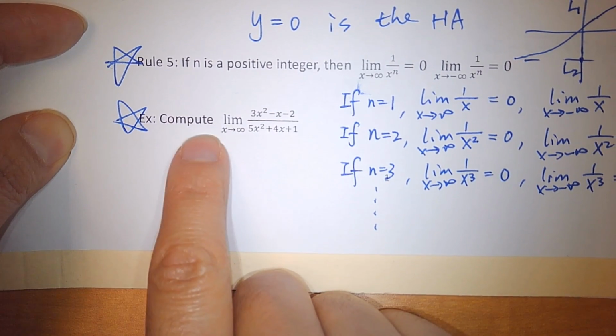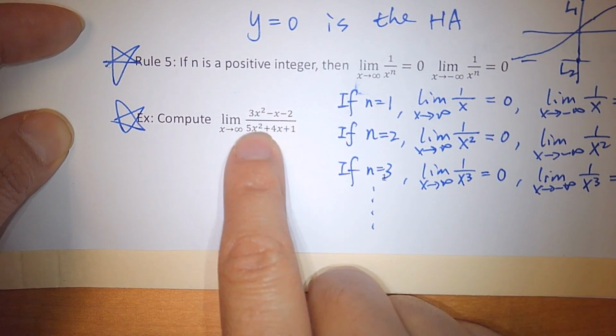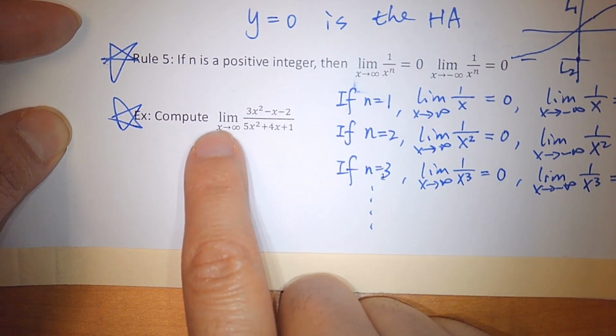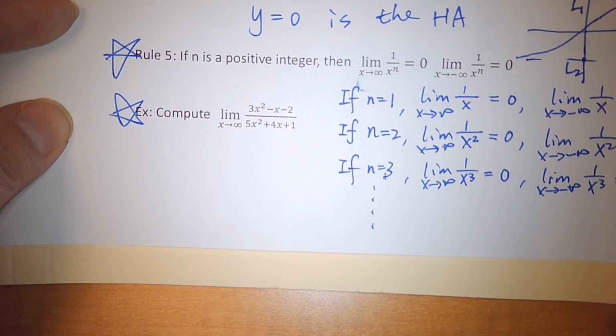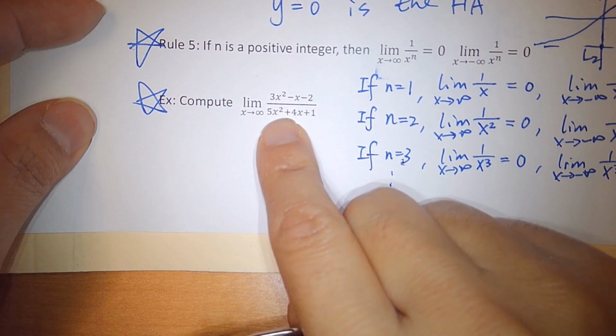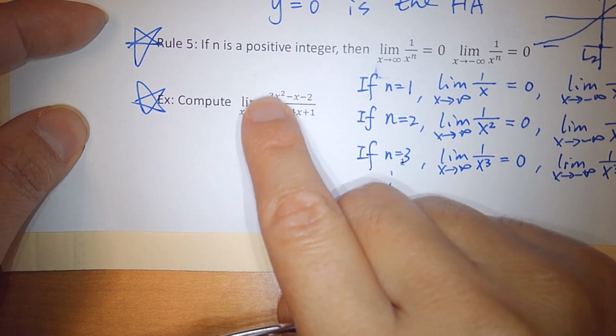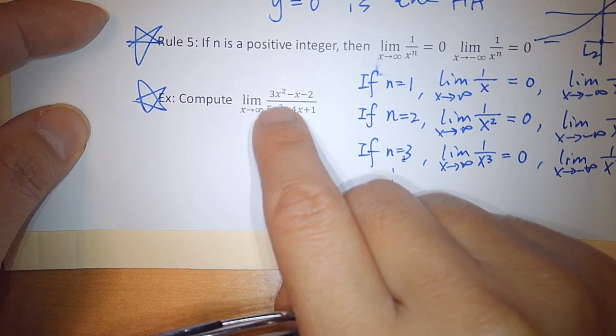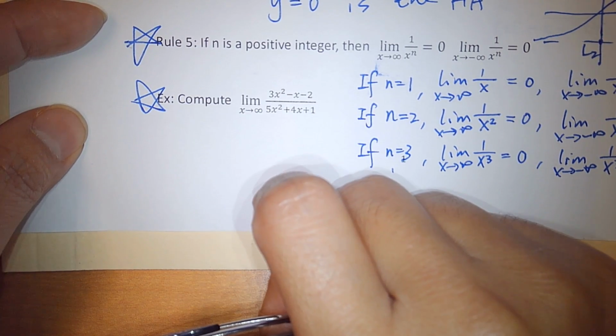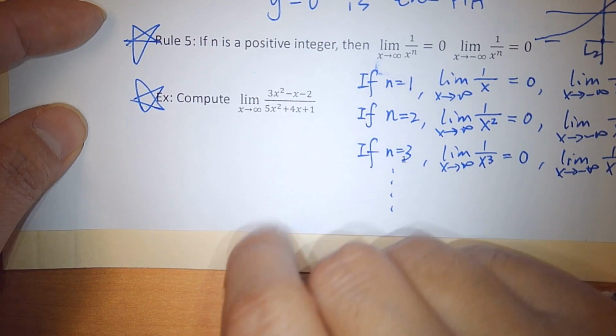Compute the limit of this rational function when x approaches infinity. As x approaches infinity, 3x squared over 5x squared, x squared goes to infinity, so infinity over infinity. Can we say there's no solution for this type of problem?